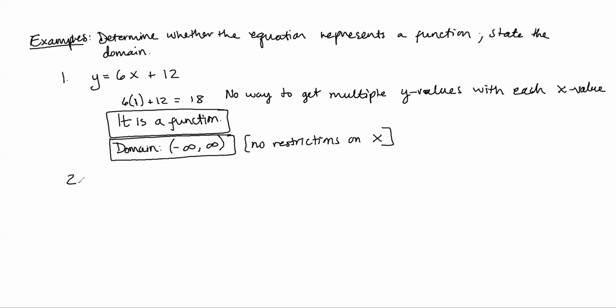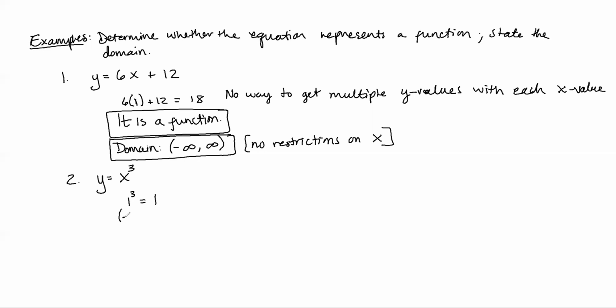All right, let's take a look at another one. This next one, we have y equals x to the third power. Now again, for this one, let's just try plugging in 1 again. We would have 1 cubed, and 1 cubed is 1 times 1 times 1, which is just 1. There's no way to get a different y value, no matter what x I plug in.